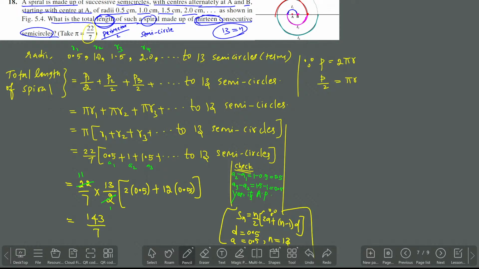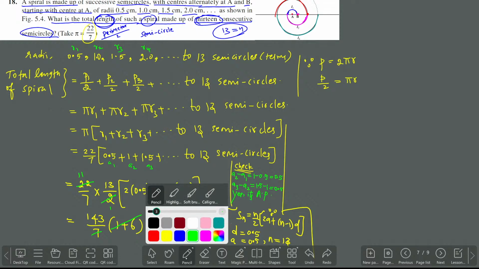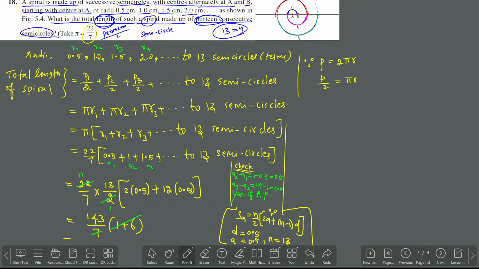143 divided by 7 multiply 2 into half 1. Very good. 2 into half 1, 12 into half 6. Then 1 plus 6, then we can cancel this. 1 plus 6 is 7. Then what answer am I getting? 143 centimeter. Then what is the total length of the spiral? 143 centimeter.